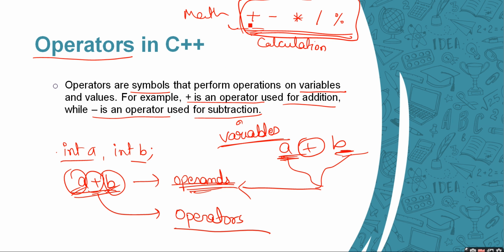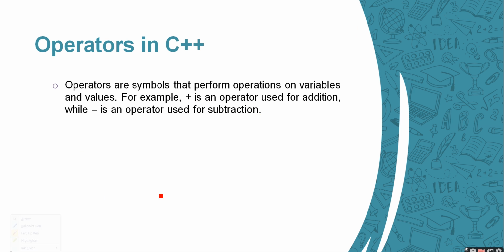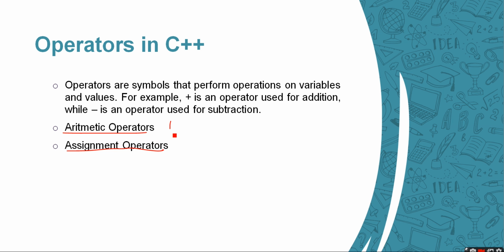So these are the basic operators present in C++ to perform some basic calculations. First, arithmetic operators, then we have assignment operators. For arithmetic, we have just seen plus, minus, multiplication, division, modulus. These are called arithmetic operators.